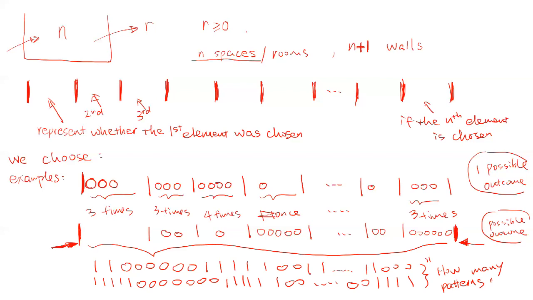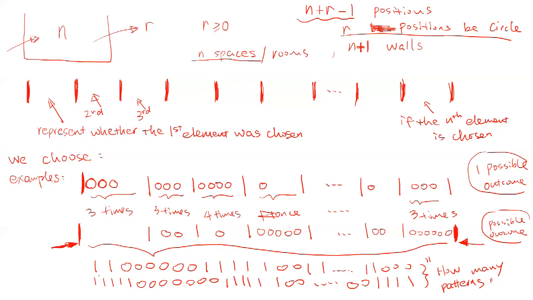That means you have n plus r minus 1 positions. Within these positions, we choose r positions to let these r positions be circles, right?